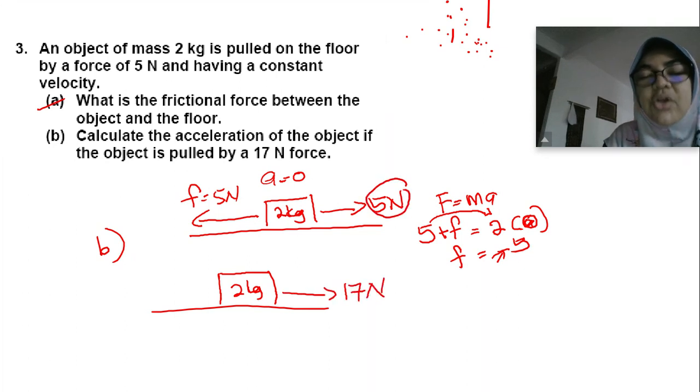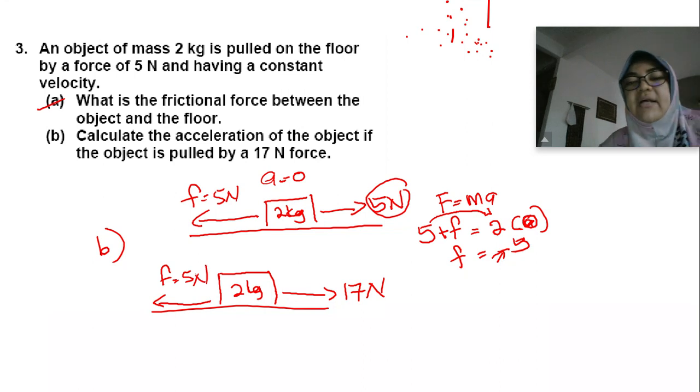So 5 Newton is no longer. This is a new situation. However, we know that the friction on the surface of the floor is 5 Newton. It is fixed because it is being pulled on the same floor. Since at the beginning we've calculated the friction as 5 Newton, negative, opposite direction, if the box is being pulled by 17 Newton force, the friction is still 5 Newton.